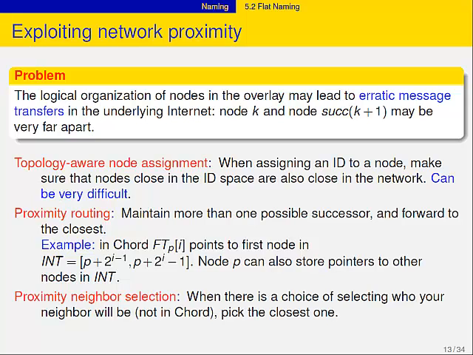To give you an idea, so far, when you are generating an identifier, you just basically flipped a coin, right? You drew a random number. What you would then have to do is to not draw a random number, but a number that corresponds to your position in the underlying network. Can you imagine that that may not be so easy to do?